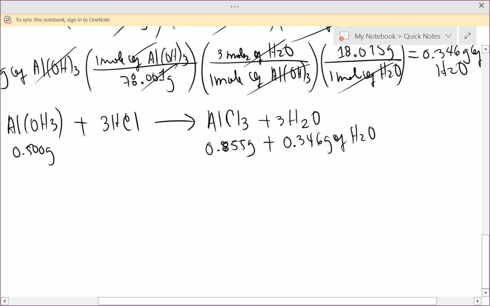So if we sum this out, this is equal to 1.201 grams.